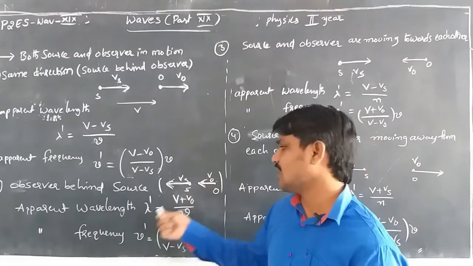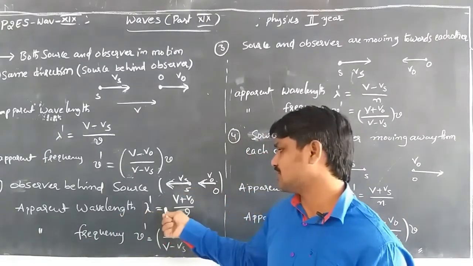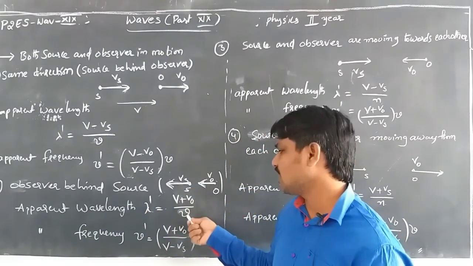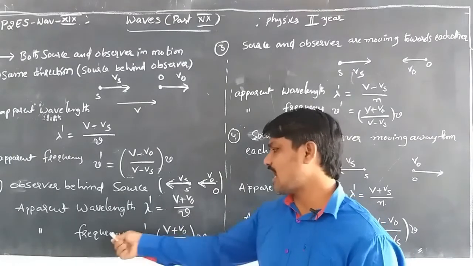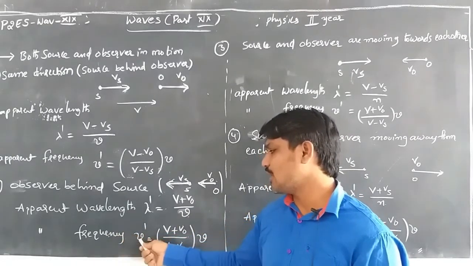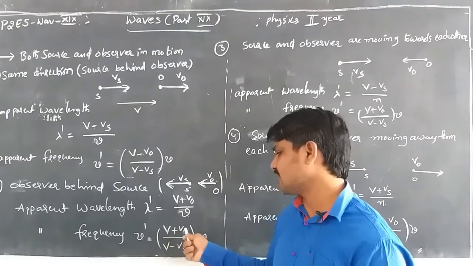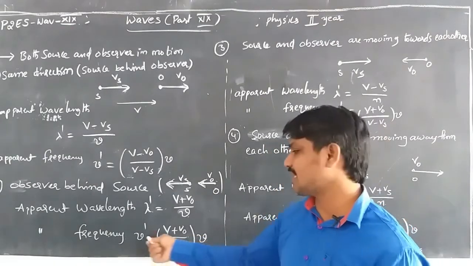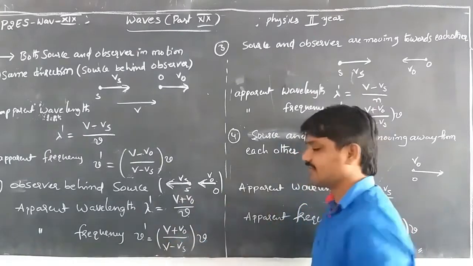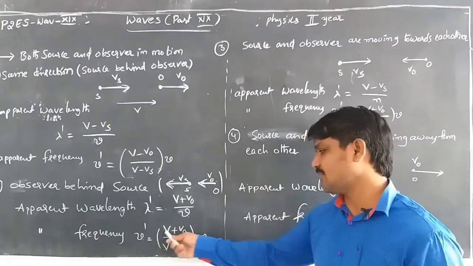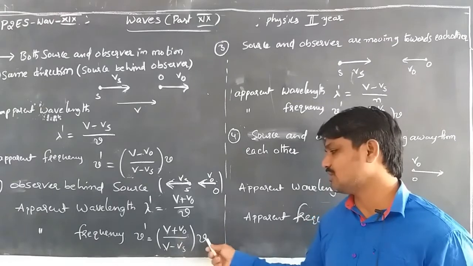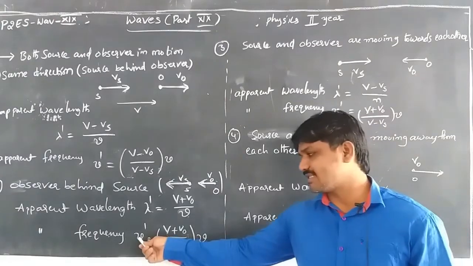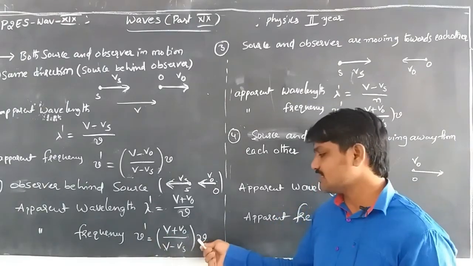Then the apparent wavelength lambda dash is equal to V plus V0 by nu. The apparent frequency is nu dash equal to V plus V0 by V minus Vs into nu, where nu is the actual frequency and nu dash is the apparent frequency.